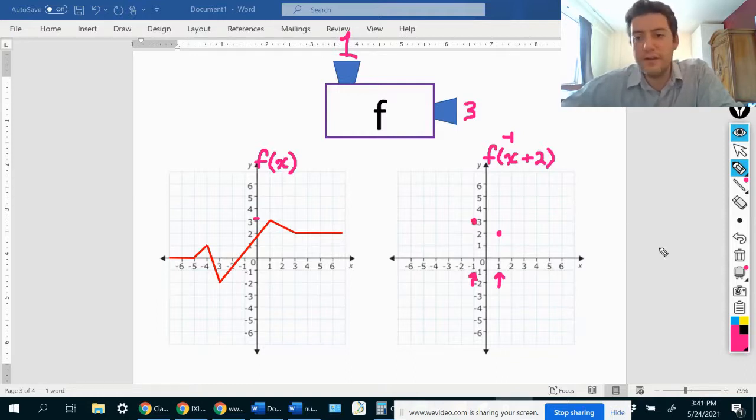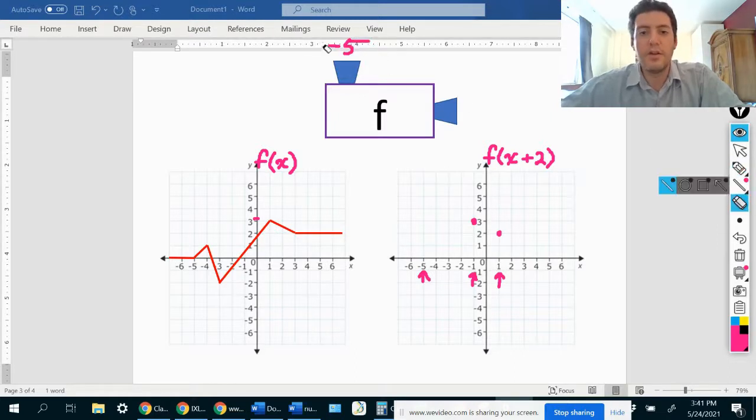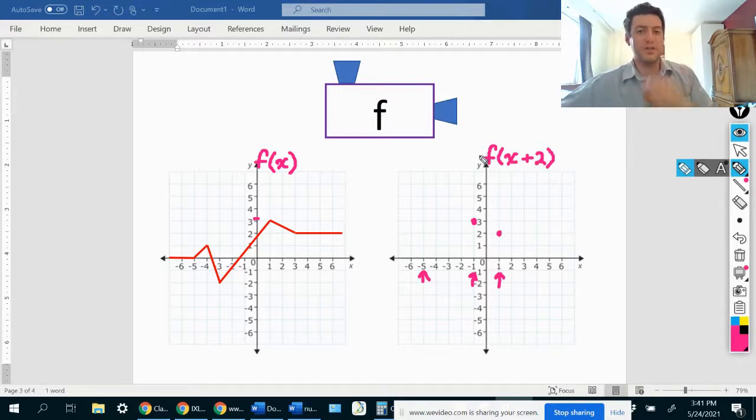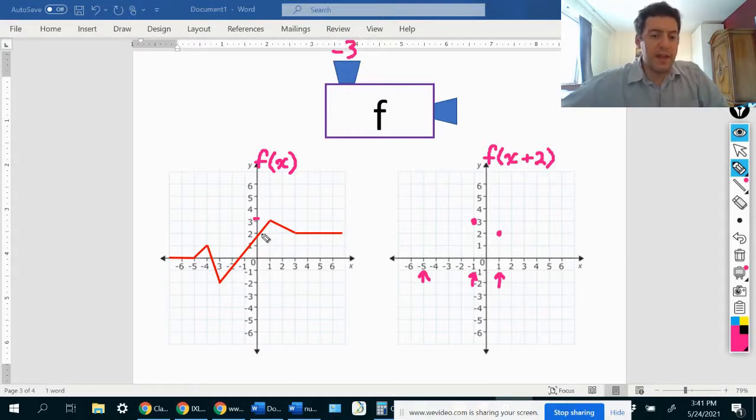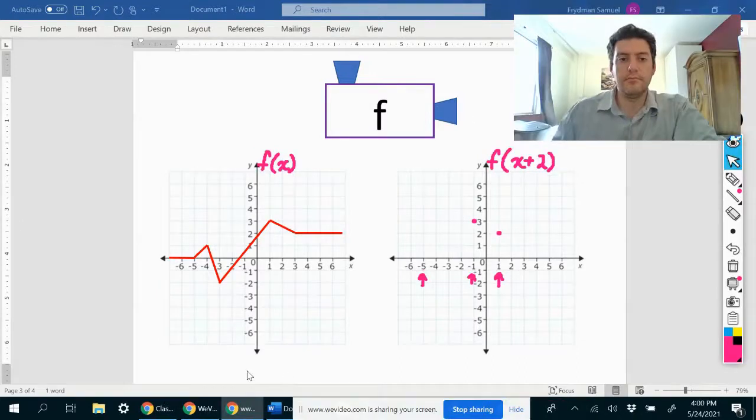What if x is -5, let's say? If our x value is -5, does that mean that we're going to put -5 into the function machine? No. First, we're going to add 2 to it, and then we're going to put that into the function machine. So -5 plus 2 is -3. So we're actually going to be putting -3 into the function machine and seeing what we get out.